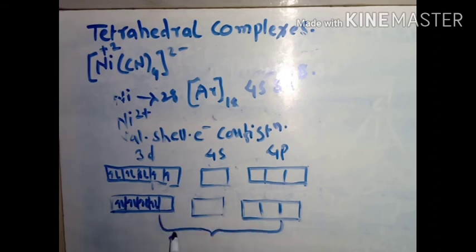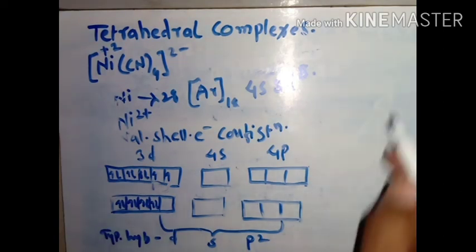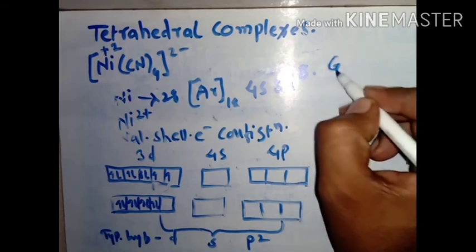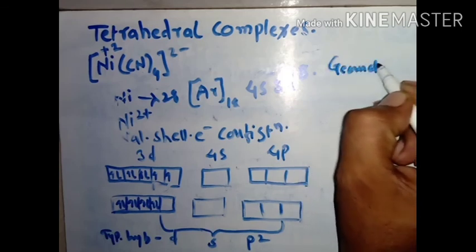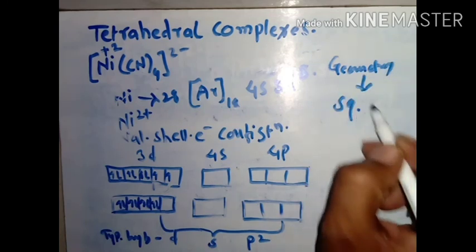So 1d, 1s, and 2p, and that is why the type of hybridization here is dsp2. And dsp2 hybridization gives square planar geometry.